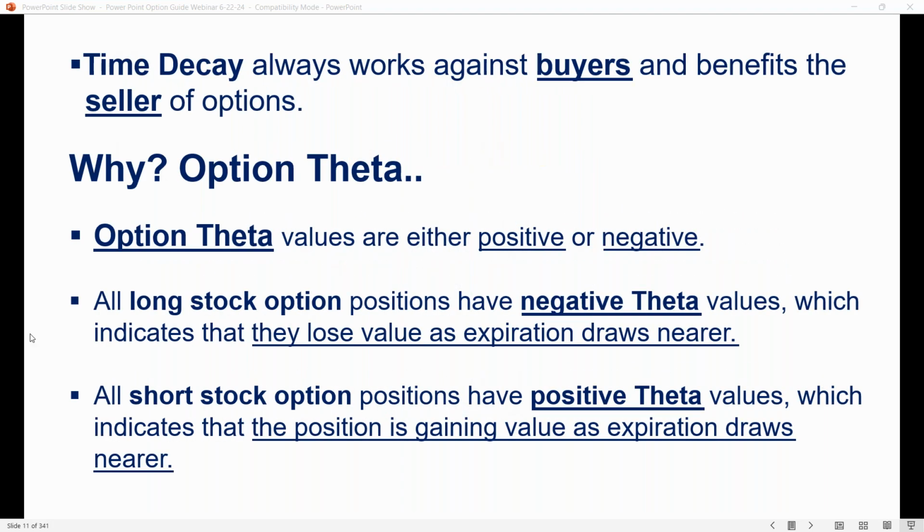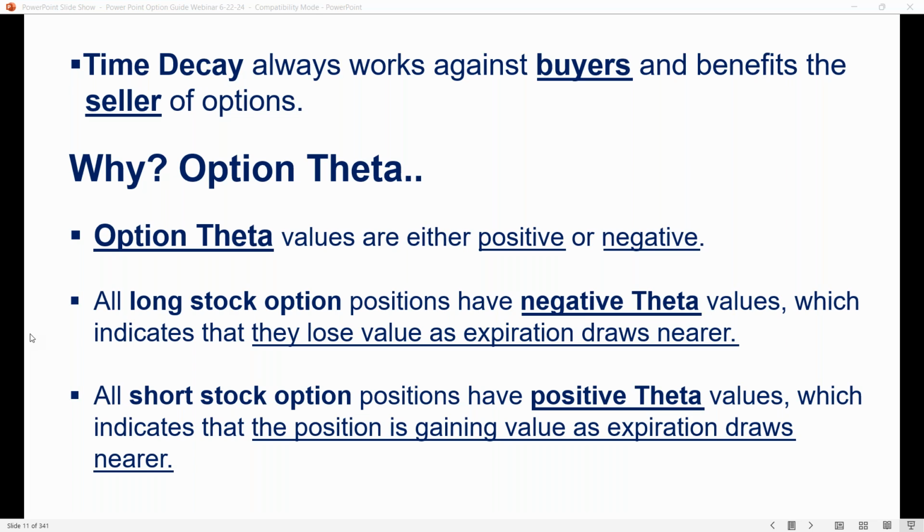And so time decay always works against buyers, and it's going to benefit the sellers. So why is this? Well, we can look at theta and see what the theoretical values will be up or down in your option. When we look at theta, they're going to have either a positive or a negative value or characteristic.